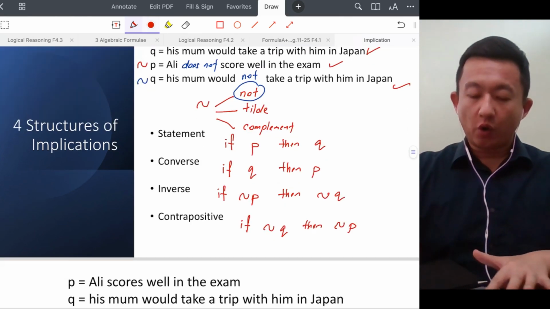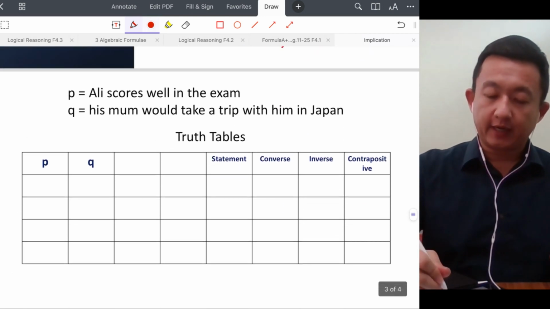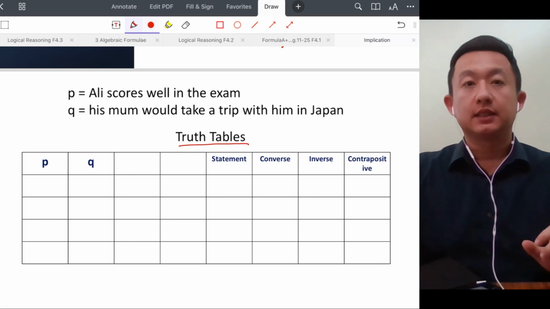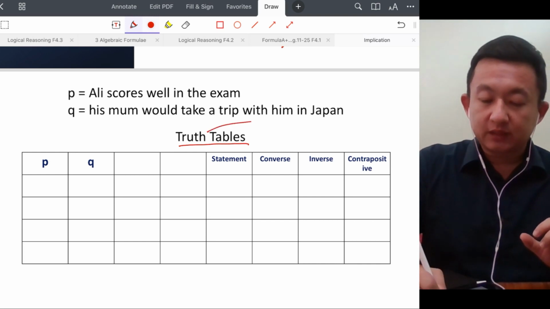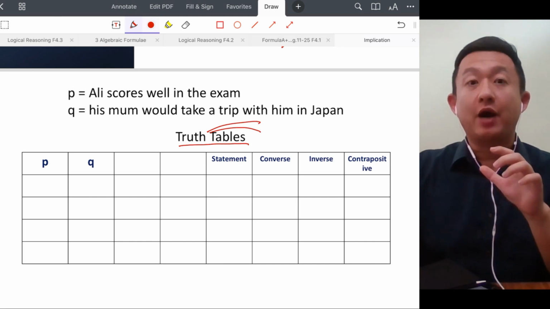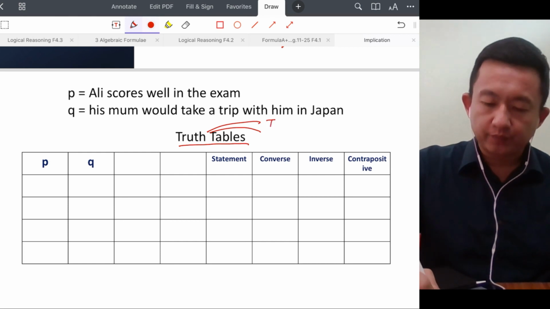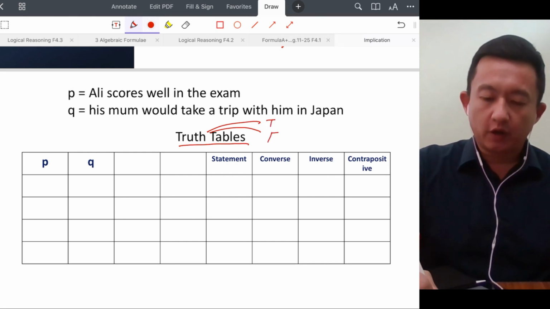Okay? And then we go on to another important part, which will be the truth tables. By now you should know that there are only two types of truth values, either true or false. Okay.